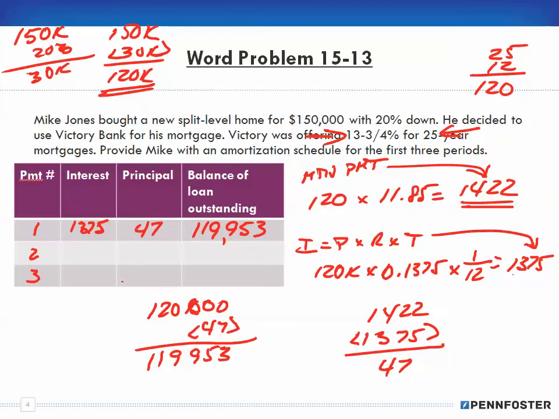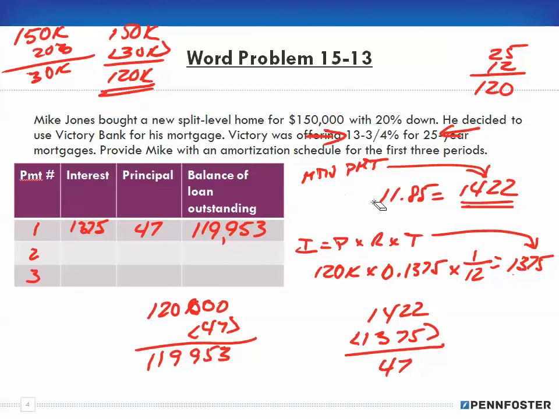Now pause the video and write all of this down if you have to, because then we'll be doing payment number 2, and I'm going to erase some of the figures to make the math easier. Pause the video and then come back.